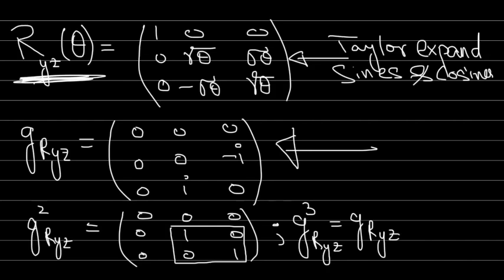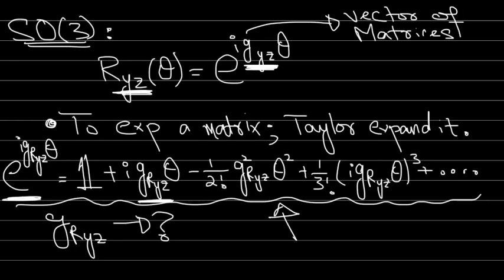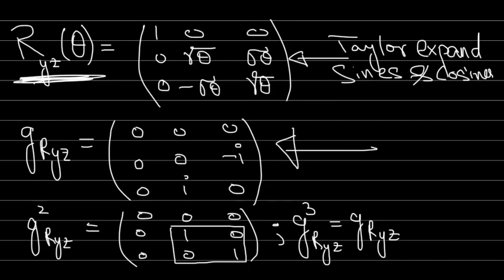Okay, now note that the G's themselves are not elements of SO3, right? But when we use this exponential map, the R's that they create belong to SO3, right? So G does not belong to SO3.